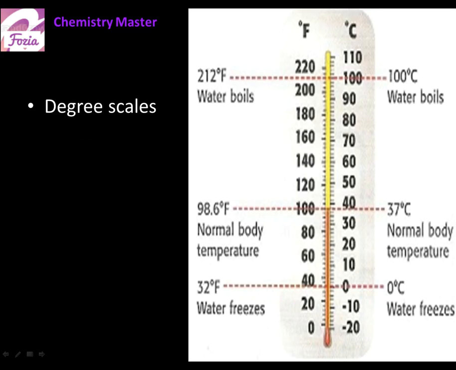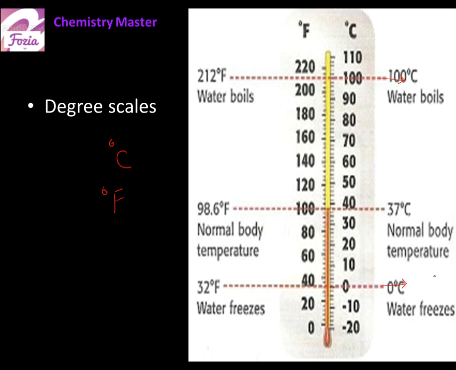Where does it come from? These degree scales, degrees Celsius or degrees Fahrenheit, use reference points: we have the boiling point of water as the maximum degree, and the freezing point of water as the minimum degree.